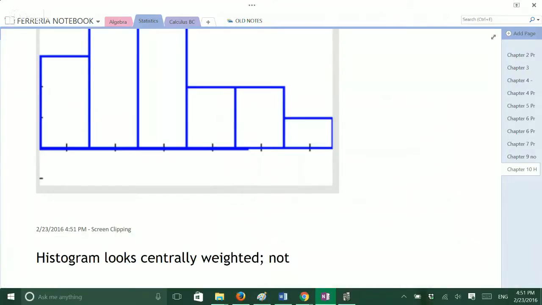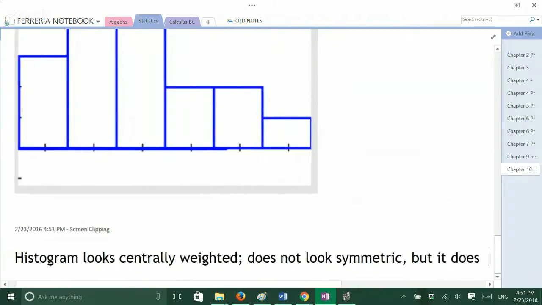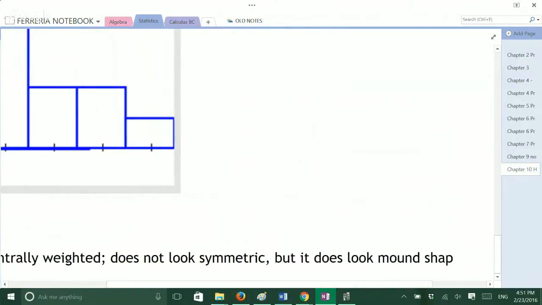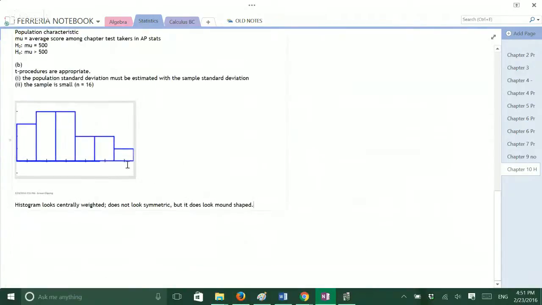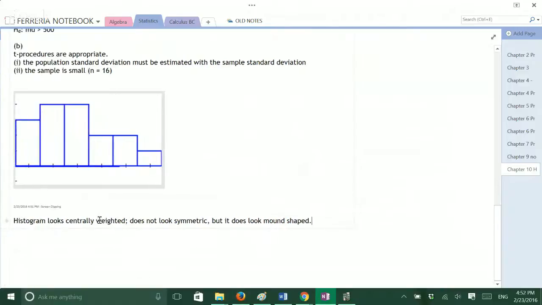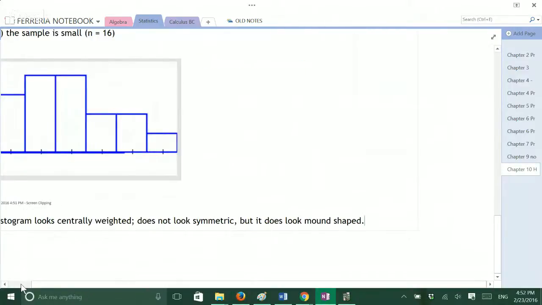It does not look symmetric, but it does look mound shaped, and that's really what we're looking for: just a mound shape.